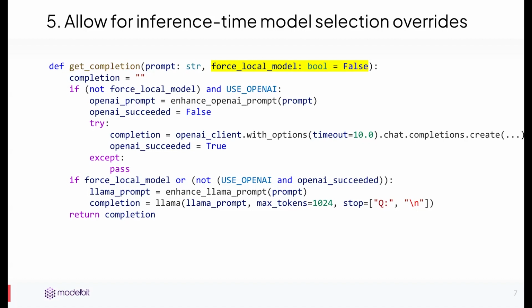By the way, one thing I'll say here, if we look at the logic that's deciding which model, we just started with if OpenAI do X, otherwise Y. Now let's look at our if statements. If not force local model and use OpenAI. If force local model or not and, right? This is what I was talking about in the very first lesson, right?